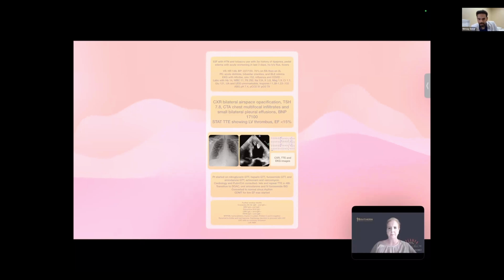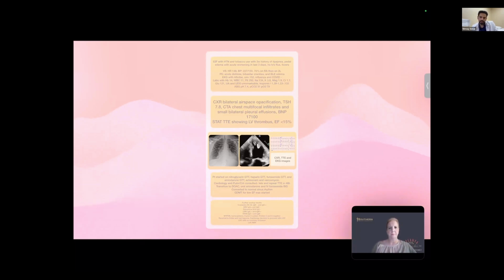We got the X-ray, and you can see some fluffy opacities, again suggestive of heart failure. She had a BNP elevation as well. We also got a CT chest, testing our theory that there's a lot of fluid overload. With her new onset atrial flutter and new onset heart failure, we also got a stat echocardiogram.